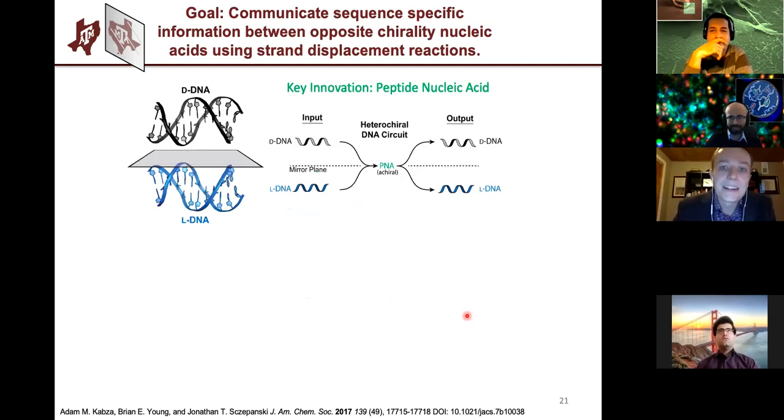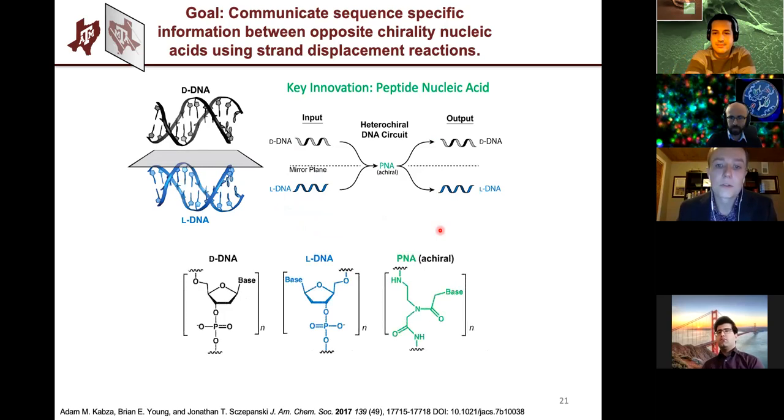All right, so what did we do? We basically figured out a way to make L oligonucleotides sequence-specifically interact through peptide nucleic acid with D oligonucleotides. The way this works is that PNA has an achiral backbone. It has this N-(2-aminoethyl)glycine backbone with no chiral carbons in it.